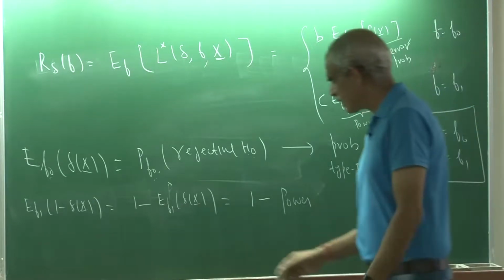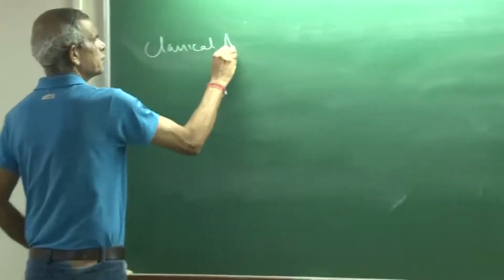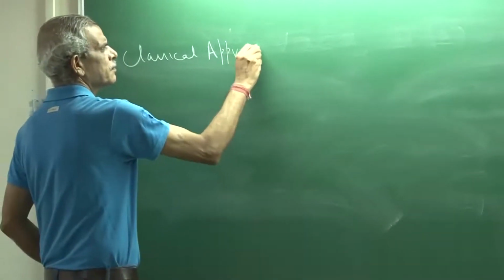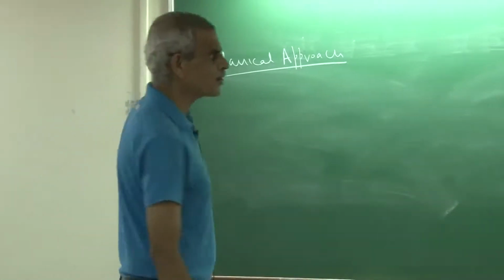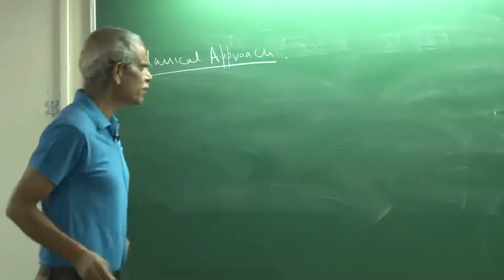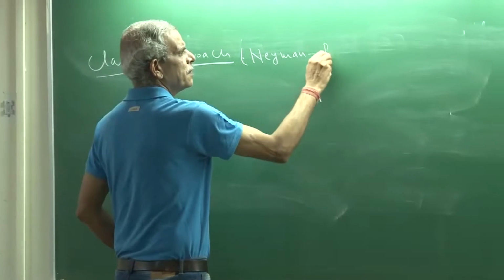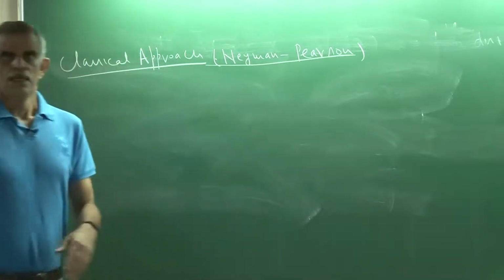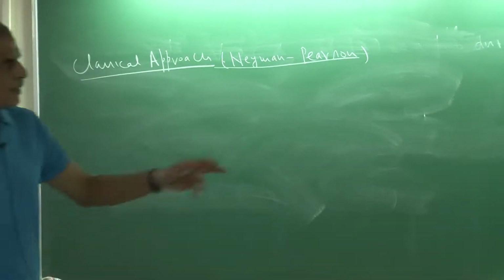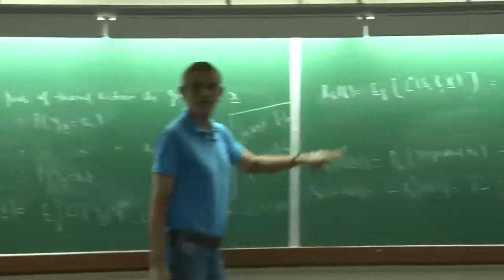What do you do in the classical approach? This classical approach is also called Neyman-Pearson. The best thing would be if I can minimize the risk at both the points.